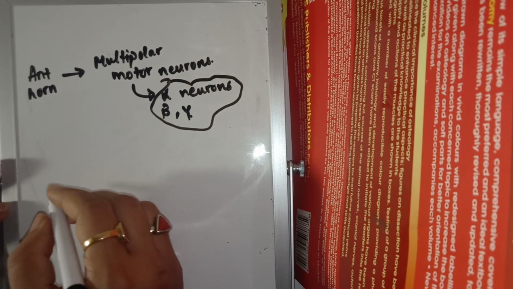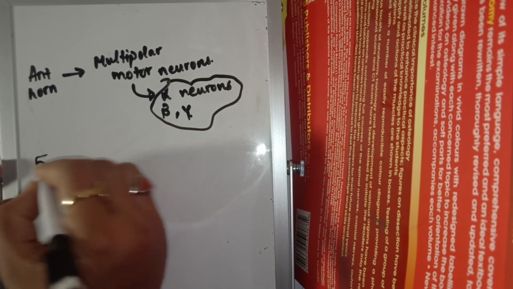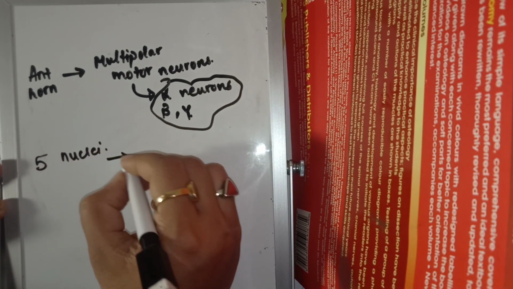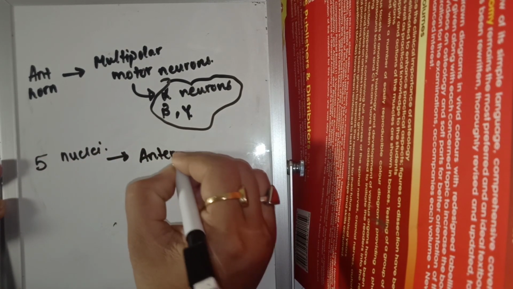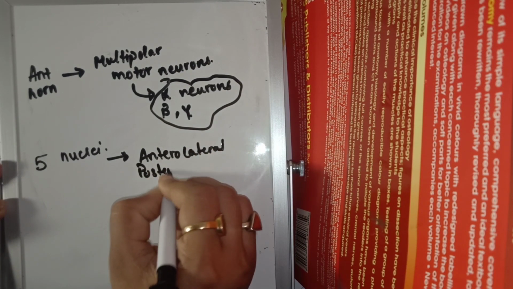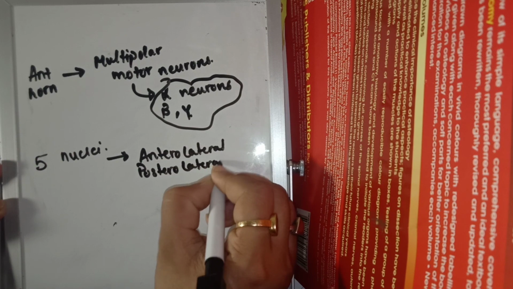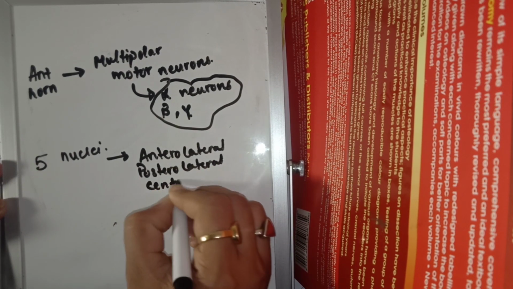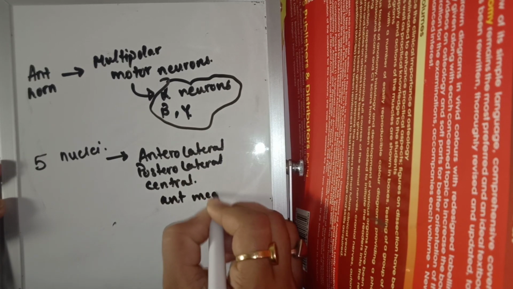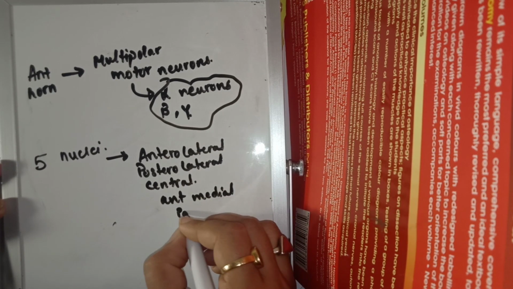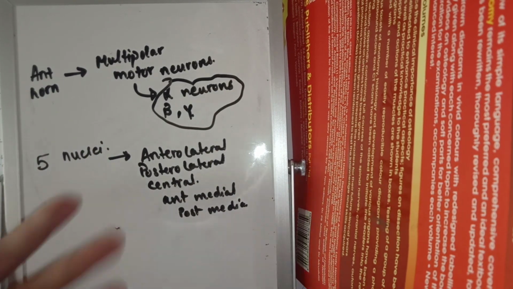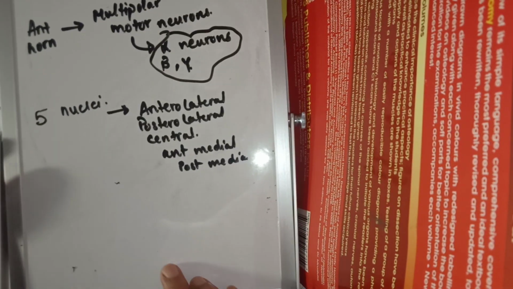It contains 5 nuclei. The first is anterolateral, posterolateral, central nuclei, then anteromedial and posteromedial.